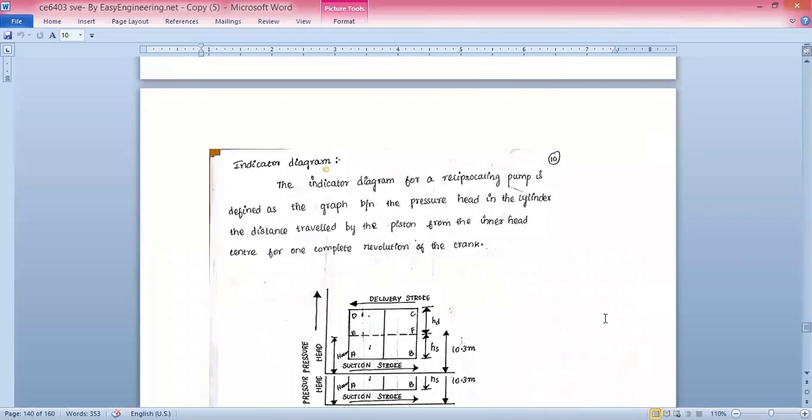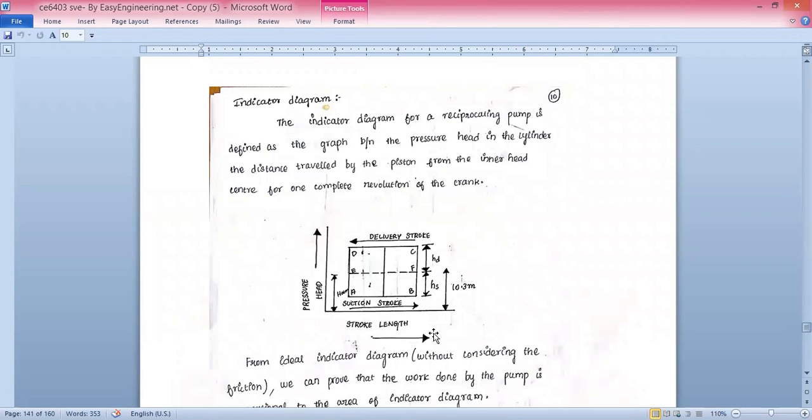So here you see a diagram between the stroke length and the pressure head. Here it shows the complete cycle taking place. Here the suction stroke is taking place. Actually, it is the crank movement inside this cylinder and the piston, all working together to generate the suction inside the cylinder and the water pressure, uplifting the water towards the discharge.